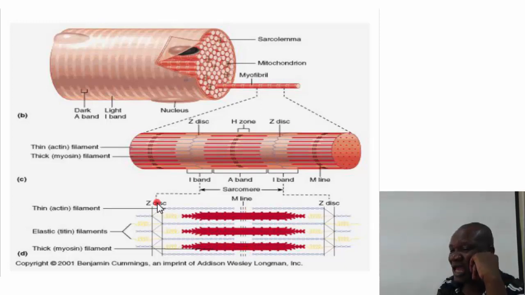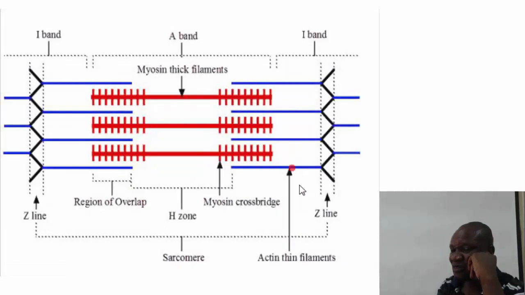Then within the I band, which is made up of the thin filaments, there is a very dark line called the Z line. And the portion of the muscle from one Z line to the other constitutes the sarcomere, which is the functional unit of the skeletal muscle.